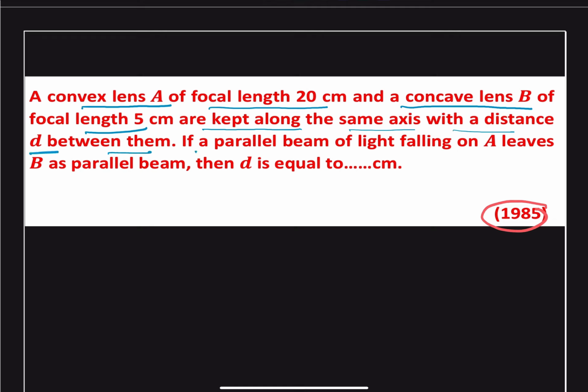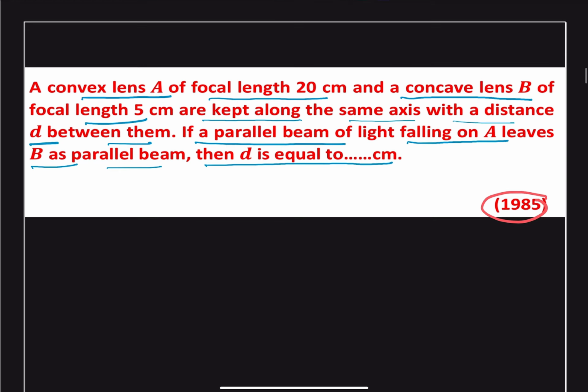If a parallel beam of light falling on A leaves B as a parallel beam, then d is equal to. So we have a combination of convex and concave lens, placed in such a way that the parallel beam falling on A should leave from B as a parallel beam. So we have to satisfy this condition.